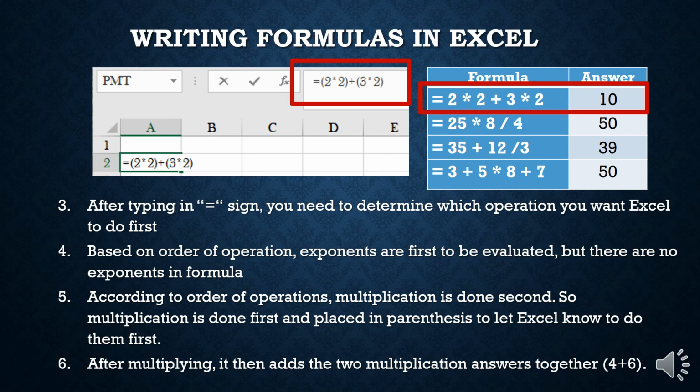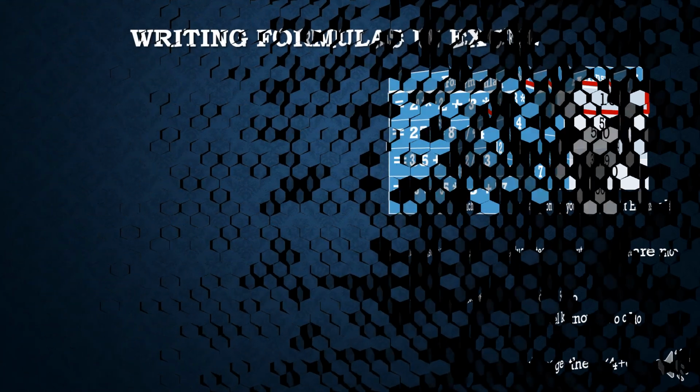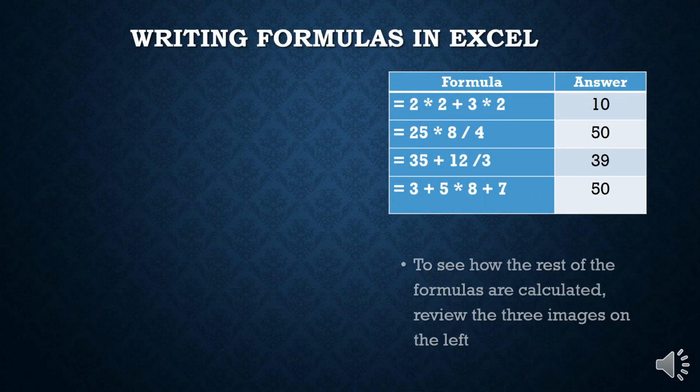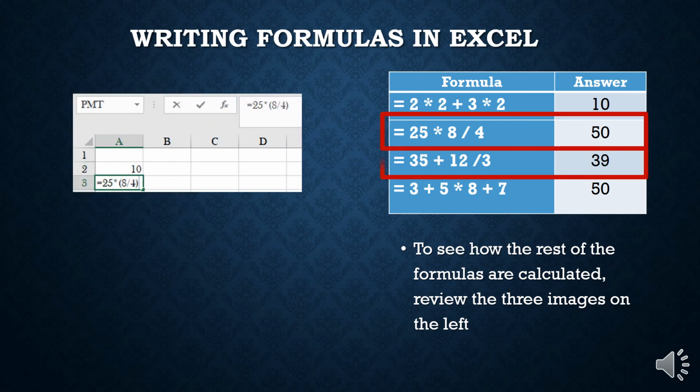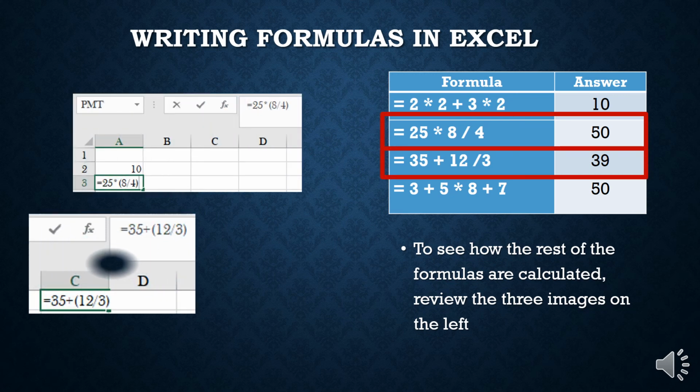We also put in parentheses 3 times 2 because we want Excel to do this operation second. And then lastly, we have the plus sign so that Excel will add 4 plus 6 to get the answer 10. To see how the rest of the formulas are calculated, review the 3 images on the left.